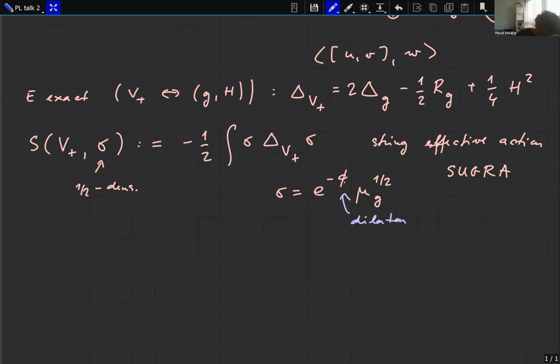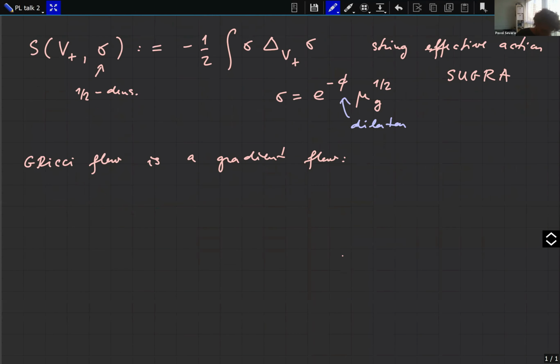Now I can say, first of all, that this generalized Ricci flow is a gradient flow. How does it work? We need to choose an everywhere non-zero half density.